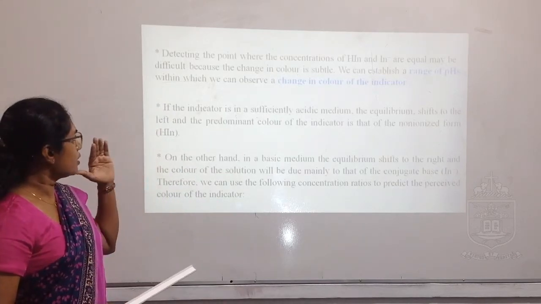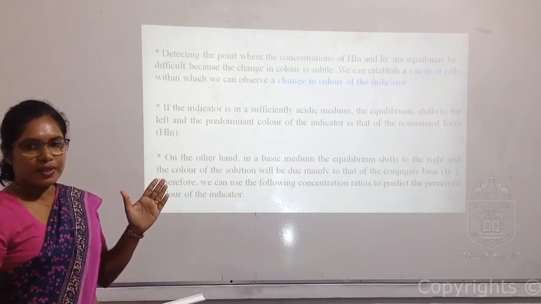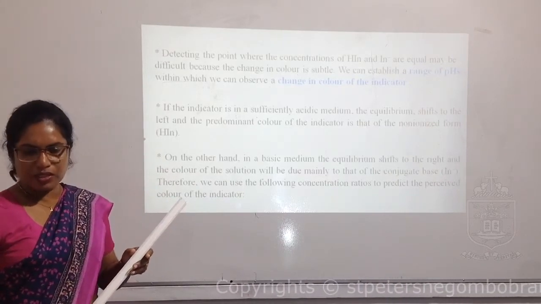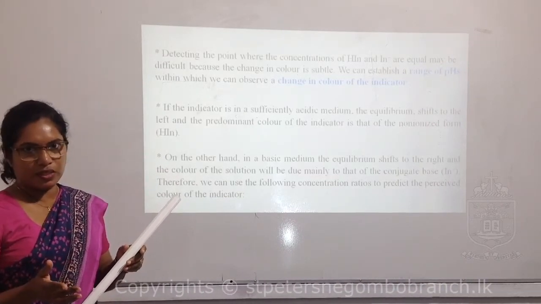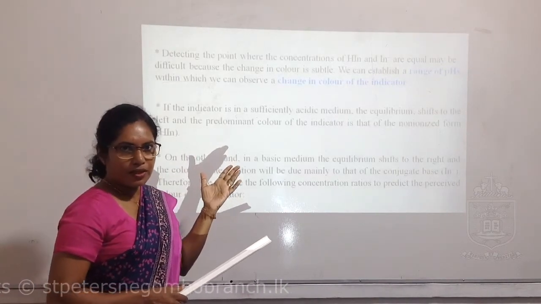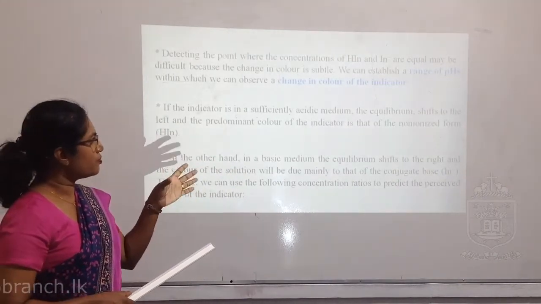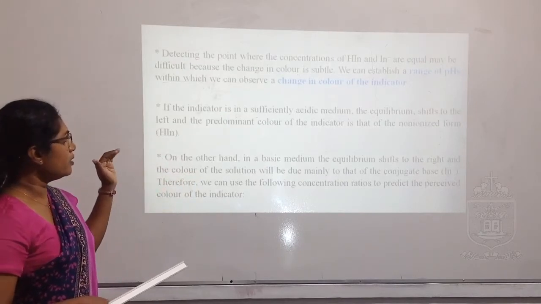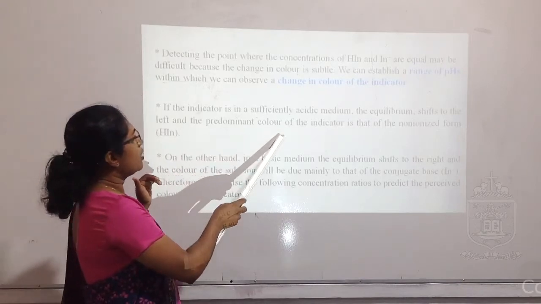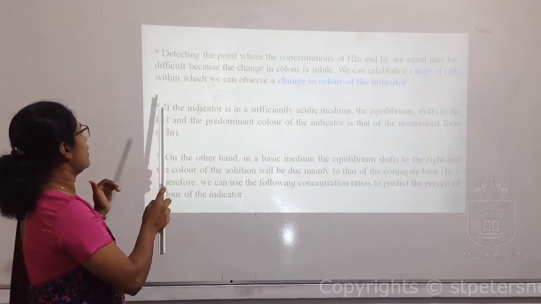If the indicator is in sufficiently acidic media, the equilibrium shifts to the left, as I showed you in the dissociation equation. When the indicator is in acidic medium, the dissociation of the indicator shifts to the left, and the predominant color of the indicator is the color of HIn.